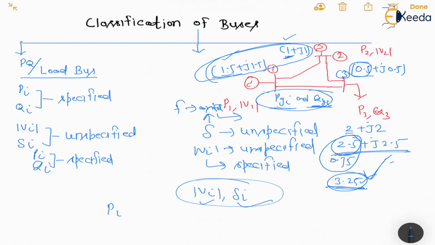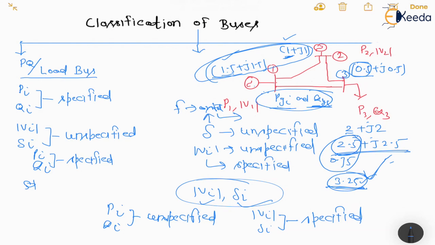So this is the property of slack bus, means for the slack bus Pi and Qi will be unspecified, and Vi and del I should have to be specified. So this is the property of slack bus. Slack bus can also be represented by reference bus.